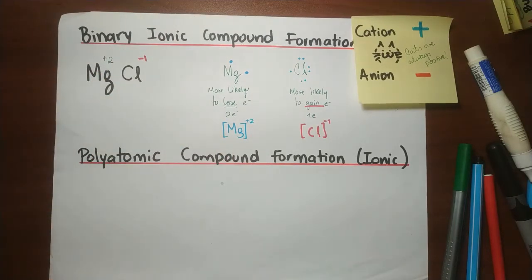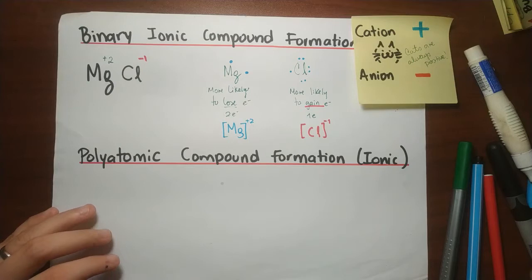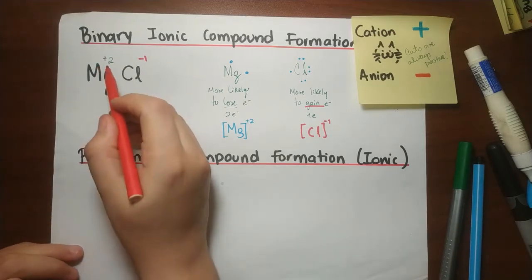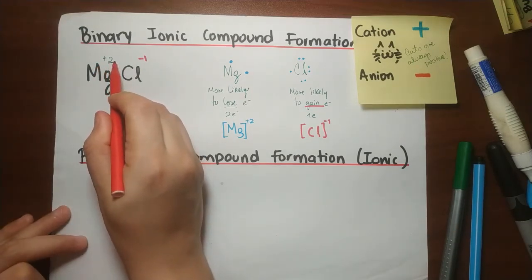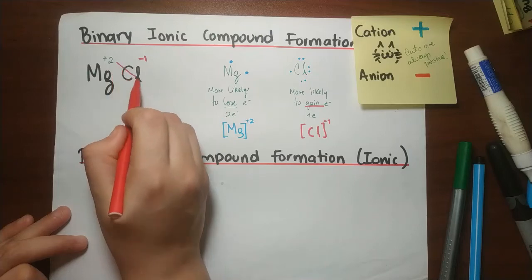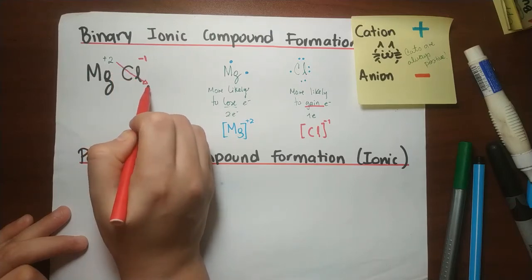How? By doing a change in their charges. What we're going to do here is we're going to crisscross the charges. This 2 that is from magnesium is now going to be part of chlorine because I'm going to write it right there.